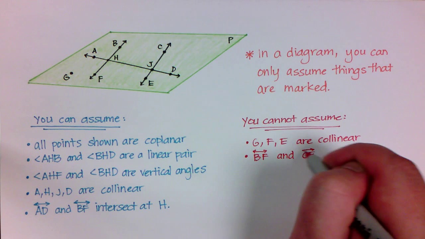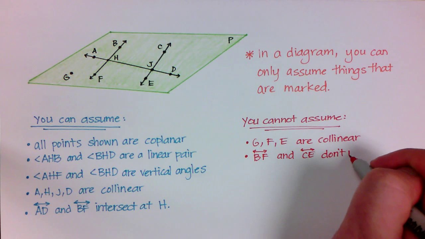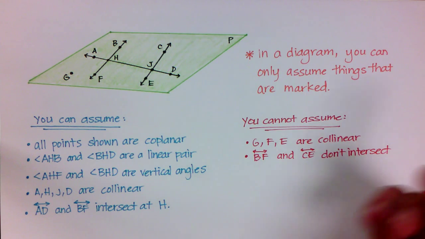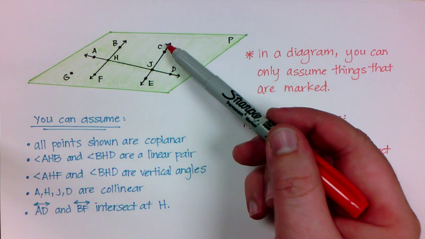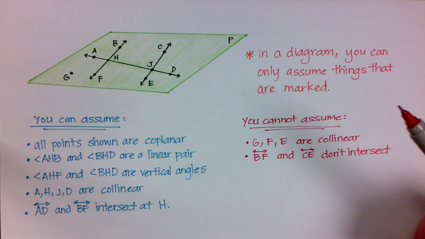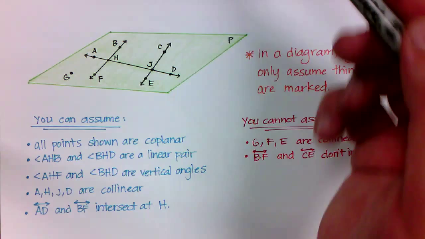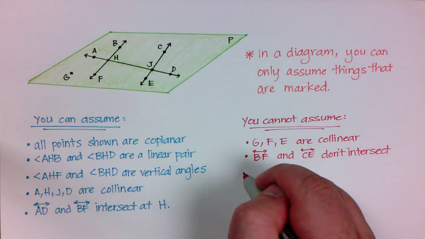I also cannot assume that BF, that line, and CE don't intersect. Even though they kind of look like they might be parallel lines, I can't assume that they're never going to intersect. It could be that a mile away, eventually they do meet. So I can't assume that.